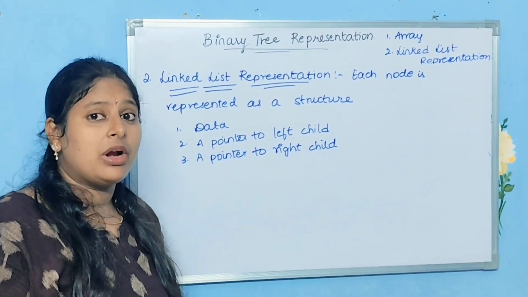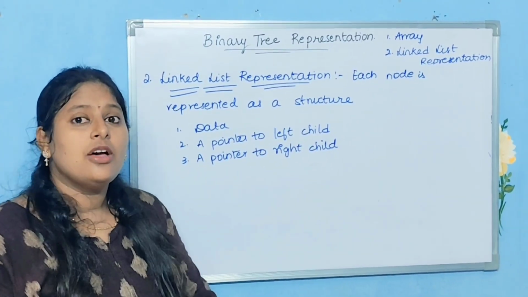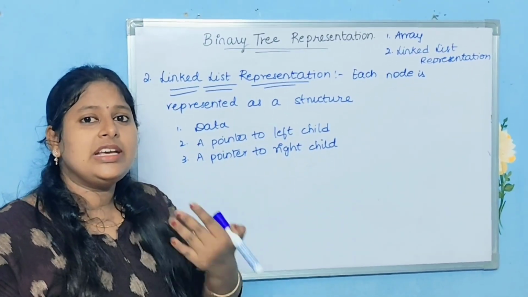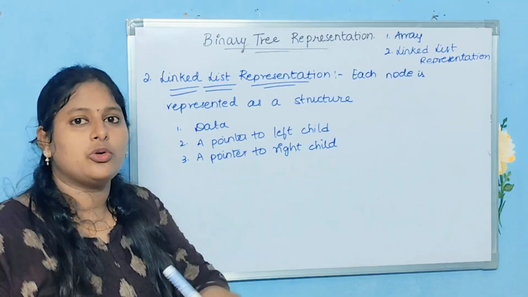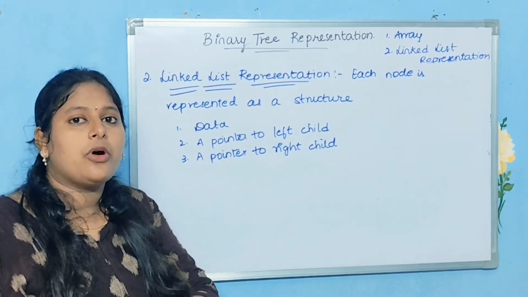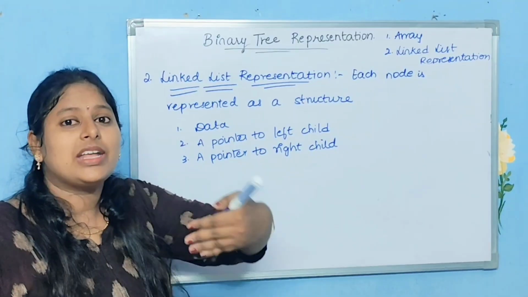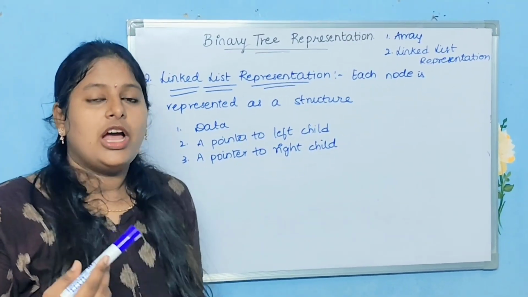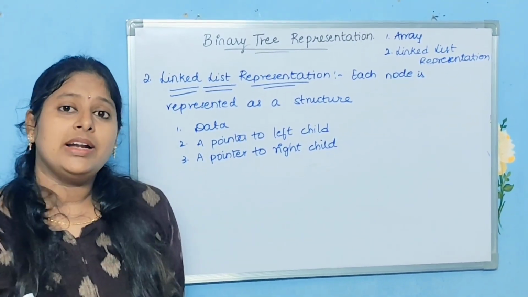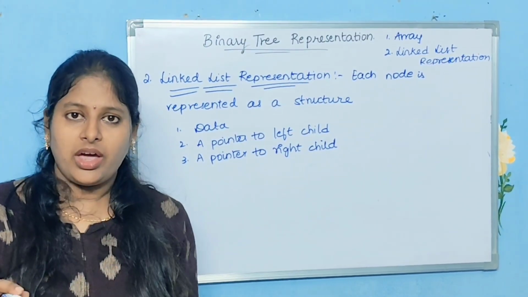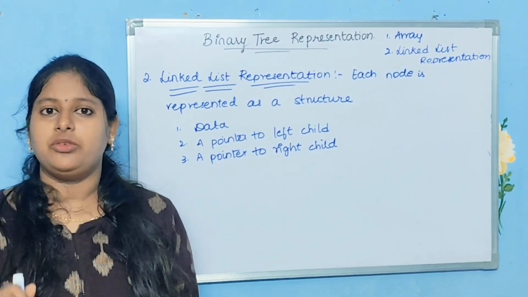So the main advantage of using the linked list is, for arrays, what we have done, we have unnecessarily created memory for null nodes also. Okay. Since we are following level order, we have calculated the number of expected nodes and allocated memory. But after allocating memory for 7 nodes, you are only utilizing the memory for 3 nodes.